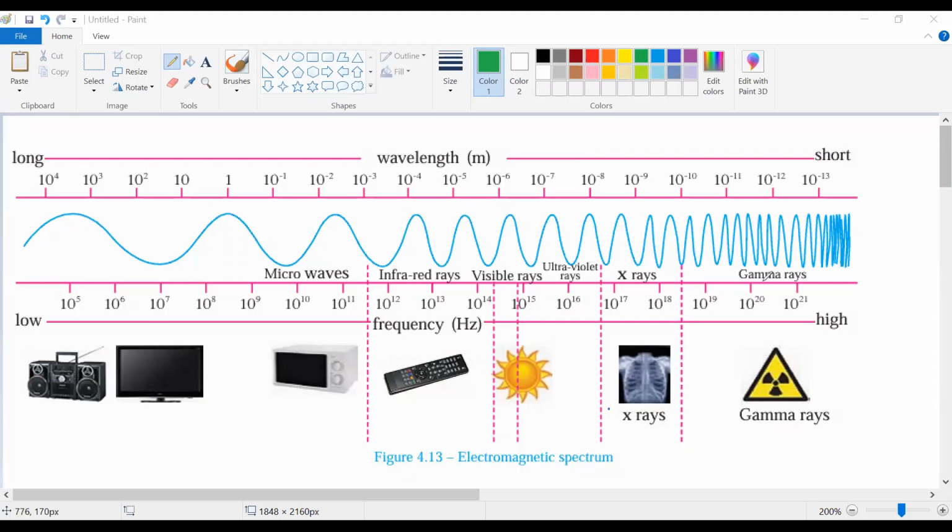So what did I say? From gamma rays to radio waves, if you go, you can see that the frequency is decreasing.